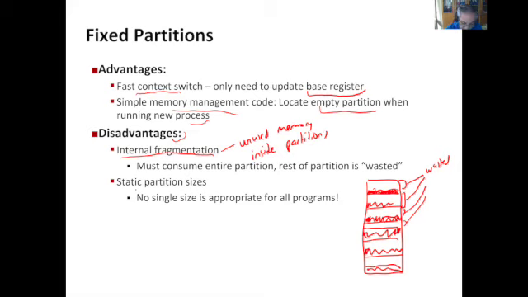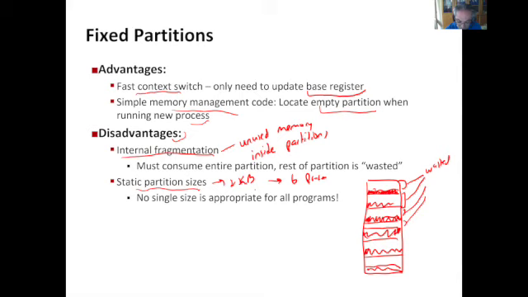The second one is static partition sizes. What it means is, if I set up a 1 kilobyte partition size, then I can fit, for example, 6 processes. But this means that any process should be able to fit into 1 kilobyte of address space.